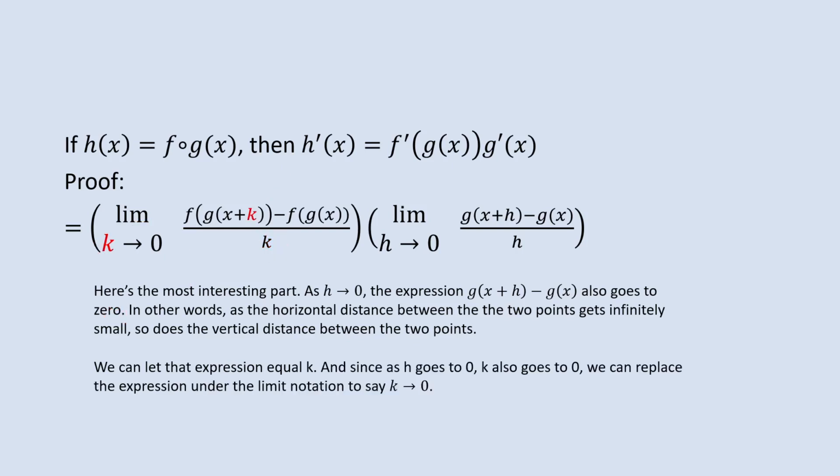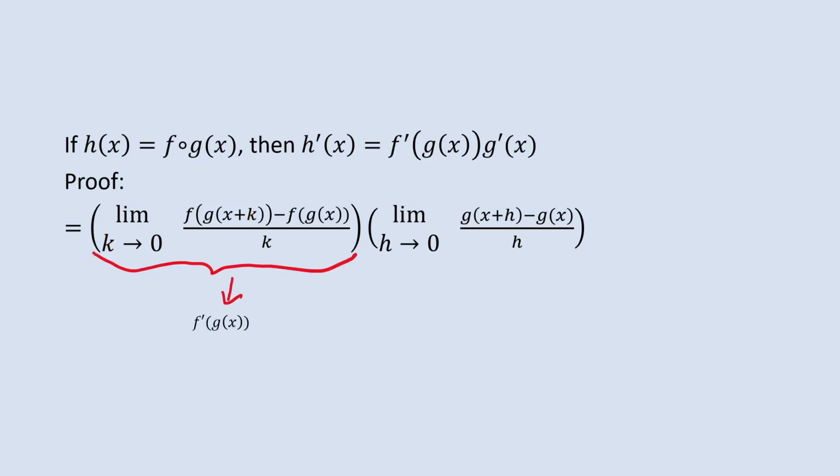And we have the limit as k goes to 0 of f of g of x plus k minus f of g of x all over k, multiplied by the limit as h goes to 0 of g of x plus h minus g of x all over h. If you think about it, this first expression is just the derivative of f of g of x.